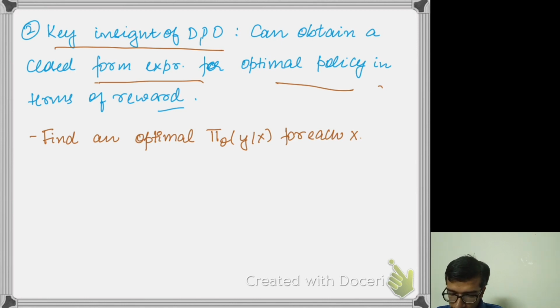So how do we do that? Let's try to solve for the optimal policy pi theta of y given x for a given input x.